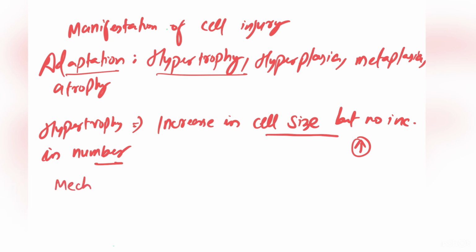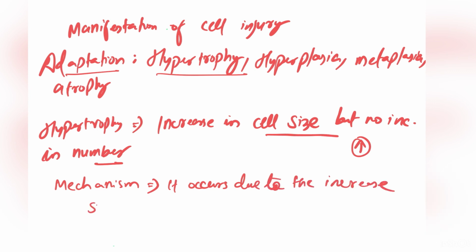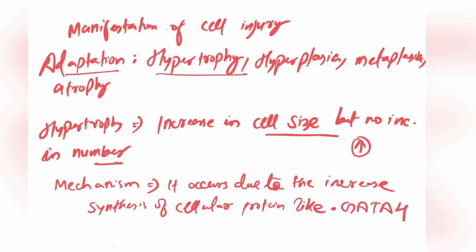What is the mechanism? It occurs due to the increased synthesis of cellular proteins like GATA4. What is the full form of GATA4?